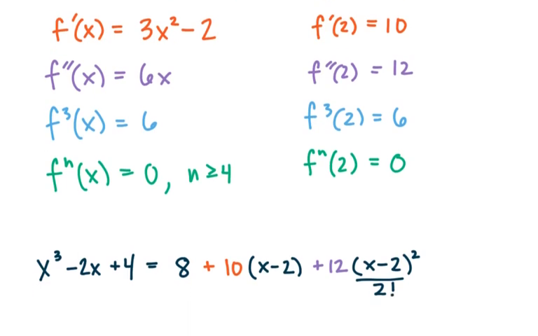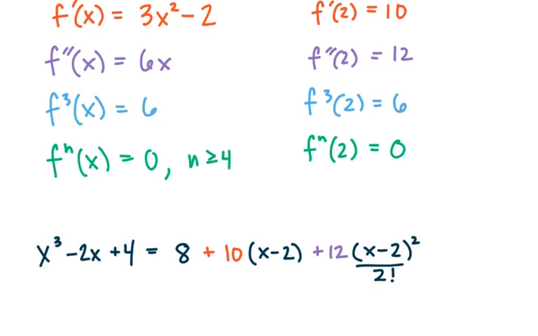And my third term would be plus 6, and I have x minus 2 cubed over 3 factorial. So now, if I went to write my next term, I would end up writing plus 0 of anything. There are no other terms in this Taylor series expansion.